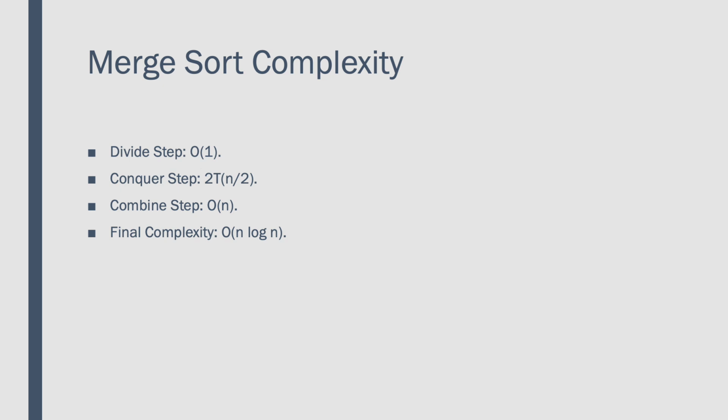So we'll see merge sort complexity step by step. The divide step takes O(1). In each recursion, the array is divided into two halves. Since splitting the array takes constant time, its complexity is O(1). Then the conquer step takes 2T(n/2).